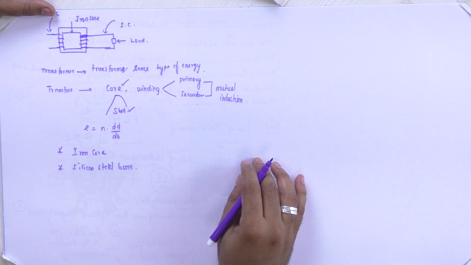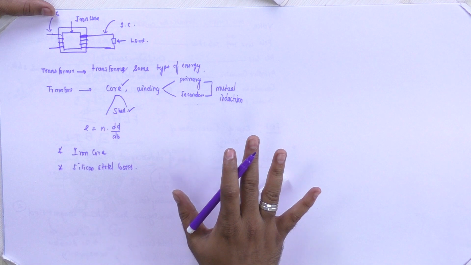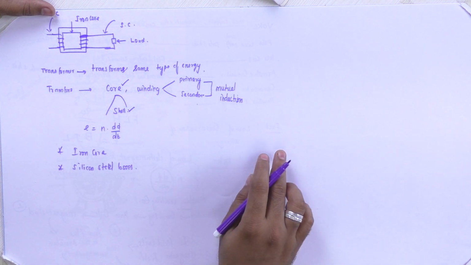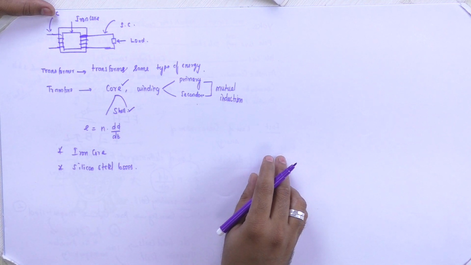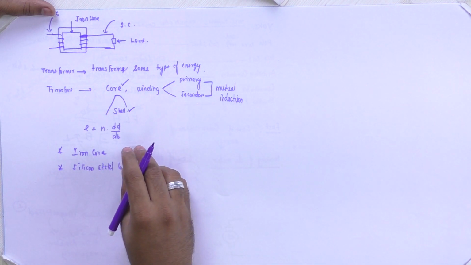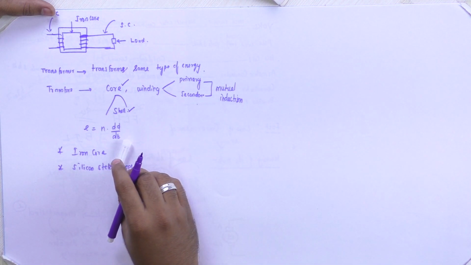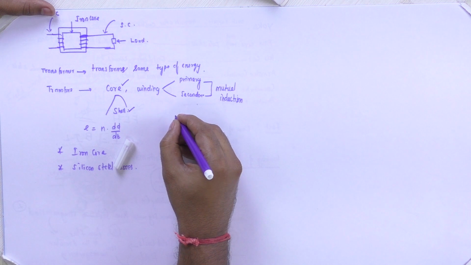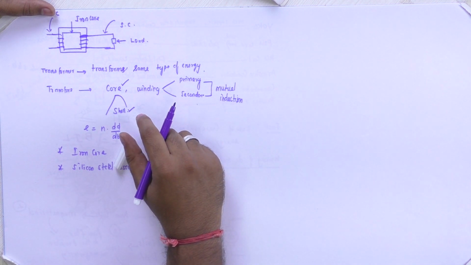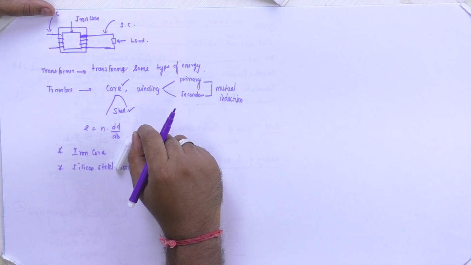The coils are wound rectangular as well as circular in nature. Generally circular coils are preferred, and in both core type and shell type, the laminations play a vital role in reducing hysteresis loss and eddy current loss.